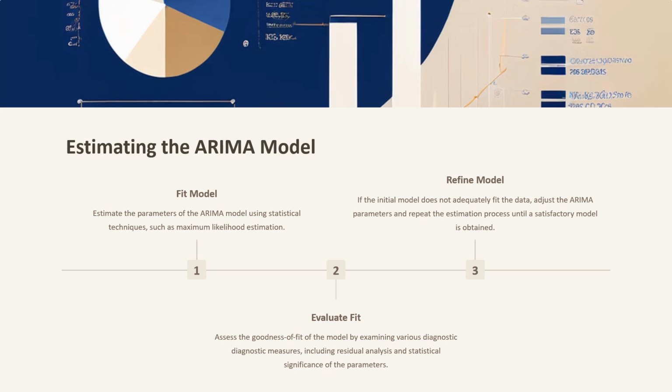Assess the goodness of fit of the model by examining various diagnostic measures, including residual analysis and statistical significance of the parameters. Number three, refine model. If the initial model does not adequately fit the data, adjust the ARIMA parameters and repeat the estimation process until a satisfactory model is obtained.